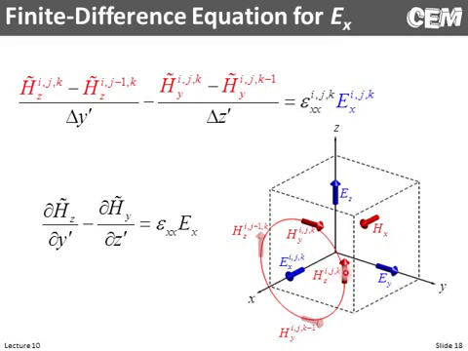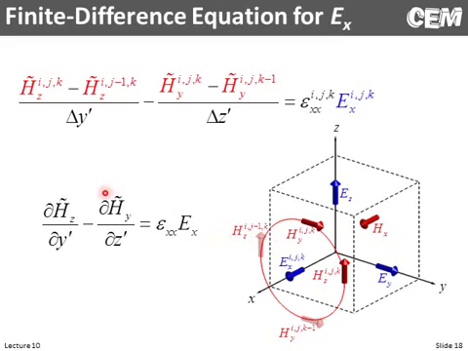So now we have the magnetic field from the same cell minus the magnetic field from the previous cell divided by the spacing delta y. And this is a central finite difference, so it exists at its midpoint, which is right smack where E sub x is.